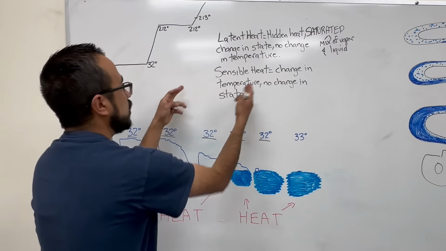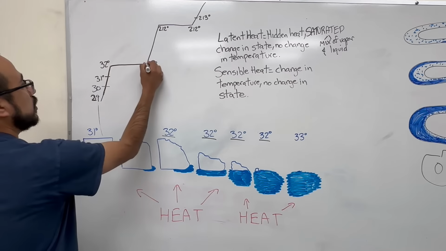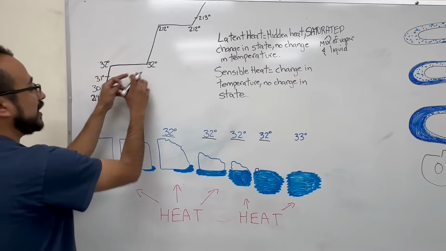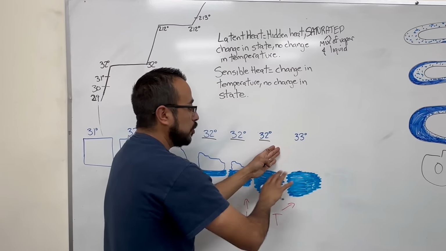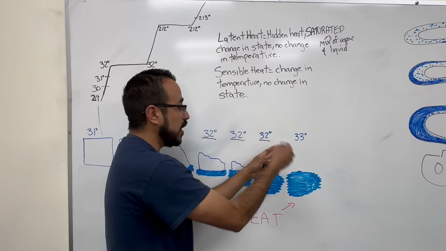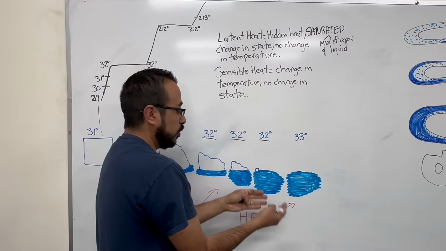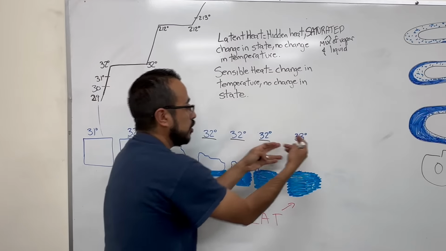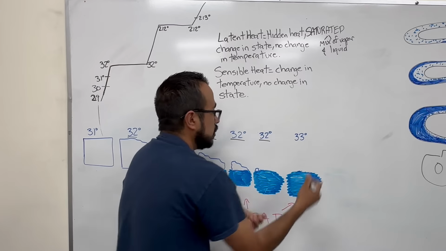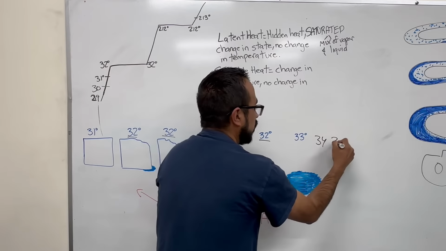Now, sensible heat, so let's say the ice turns to complete water, 100% water. Now, I'm no longer changing state, but now I can change the temperature. So as I add heat to this water, right, now it's going to be 33 degrees. I add heat, 34, 35.